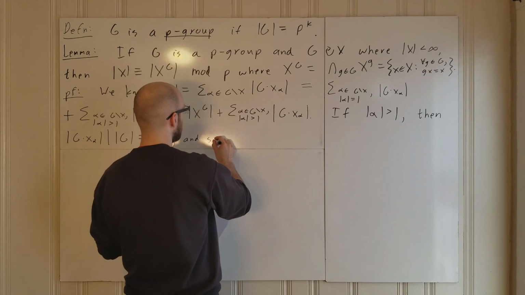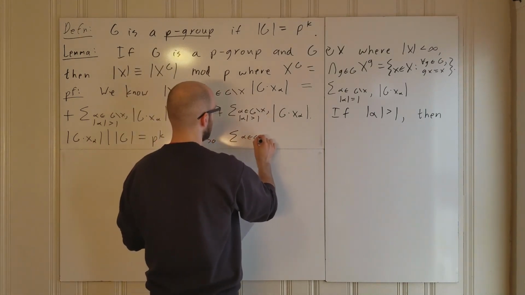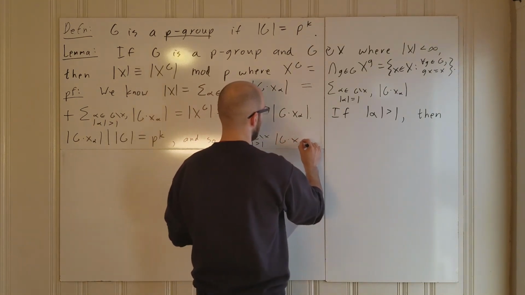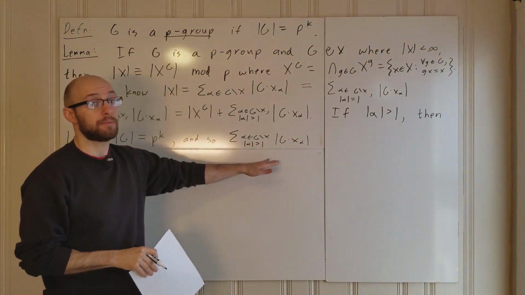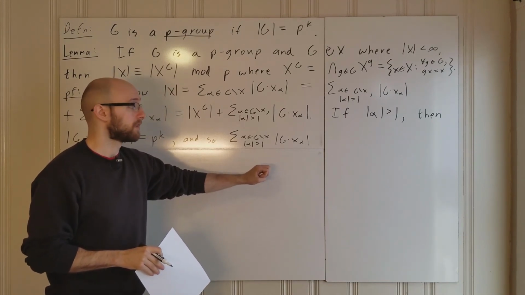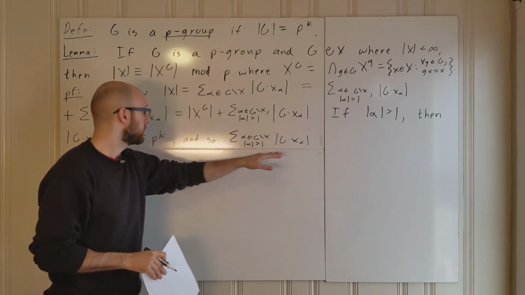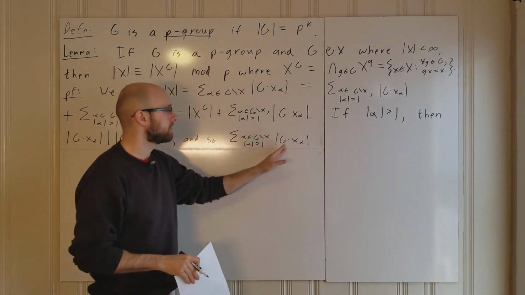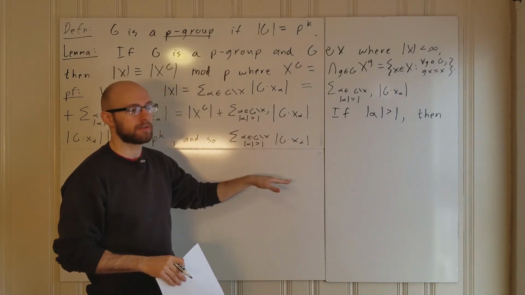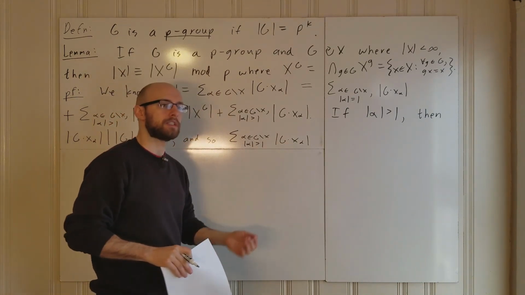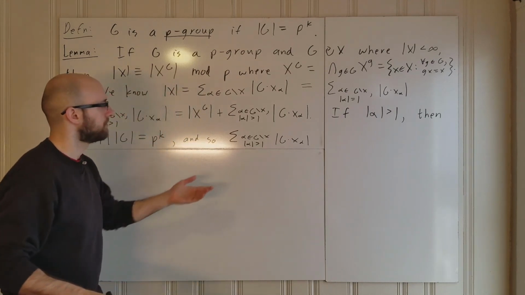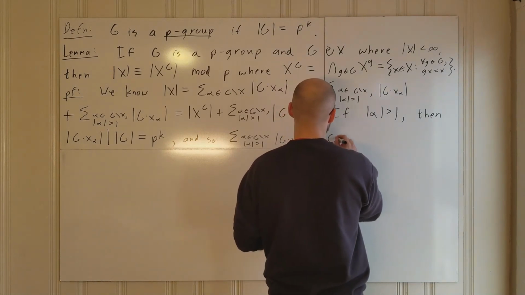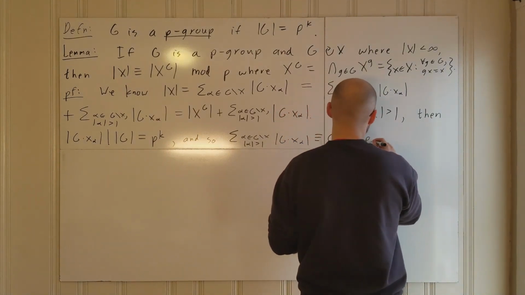And so the sum over all alpha in G mod X, alpha greater than 1, of the size of G times x alpha is the sum of a collection of numbers which divide p to the k. Every single thing in G times x alpha is going to be of the form p to some power, where that power is less than or equal to k. And so this is equivalent to 0 mod p.